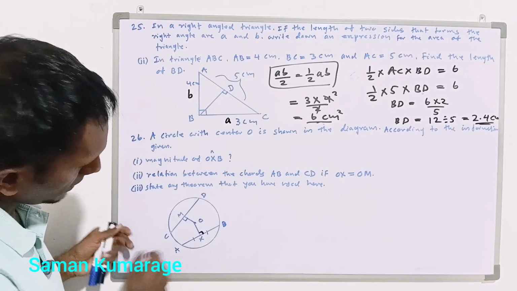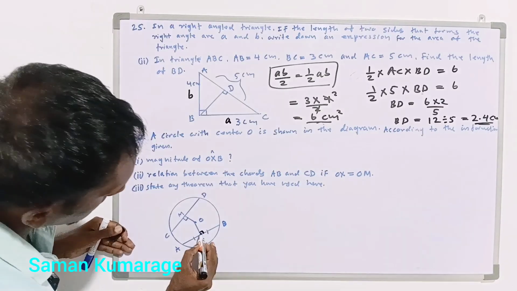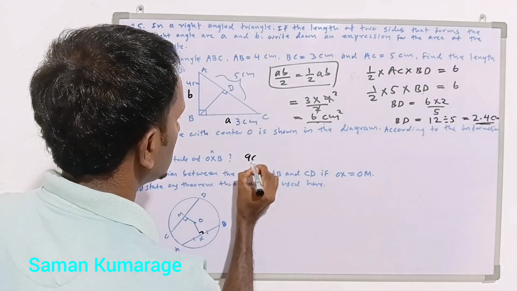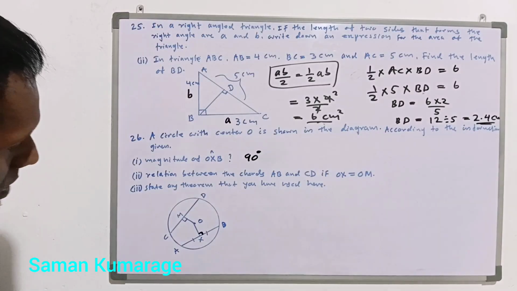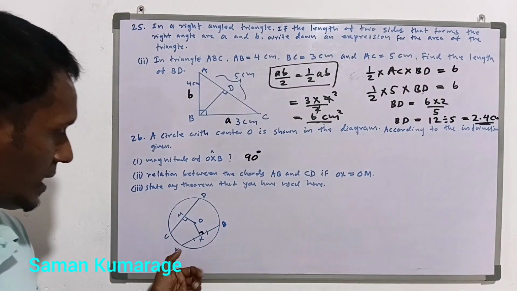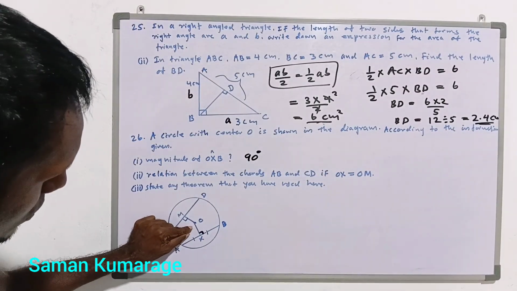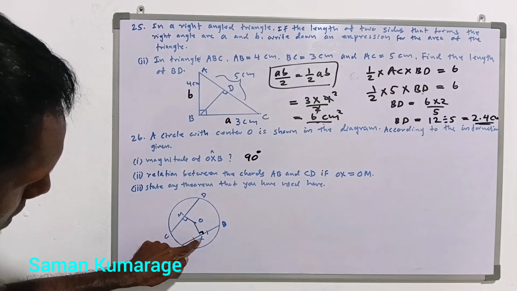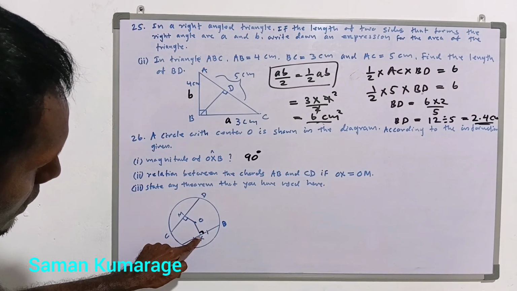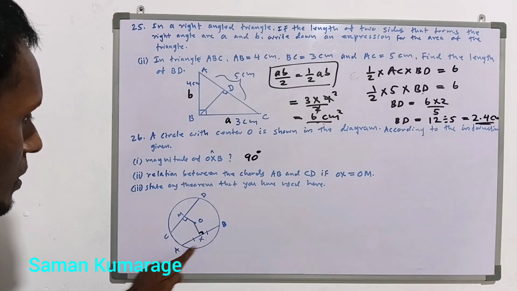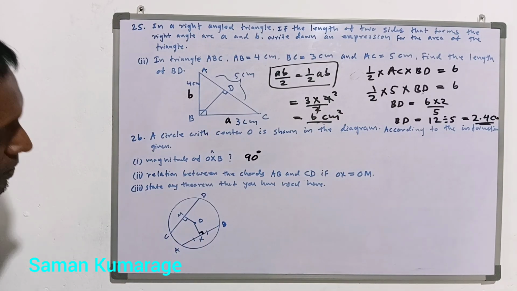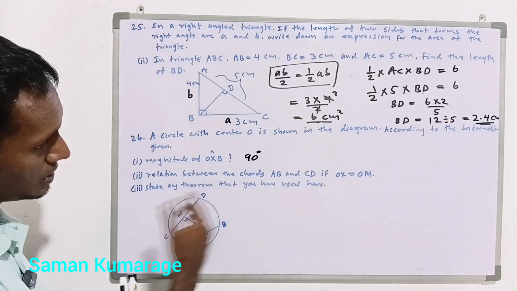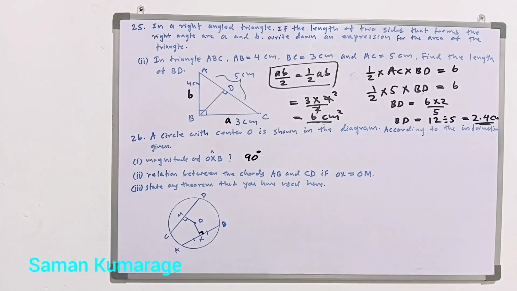So that means this angle is 90 degrees. It is because of that theorem which says a line segment drawn from the center of a circle to the midpoint of a chord is perpendicular to the chord. So if two lines are perpendicular, the angle formed is equal to 90 degrees.